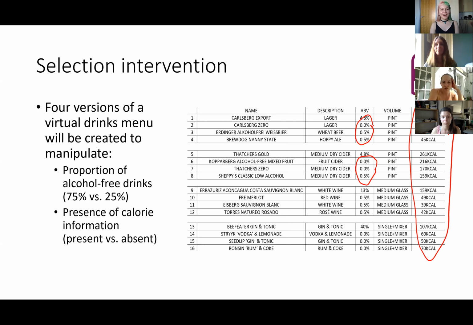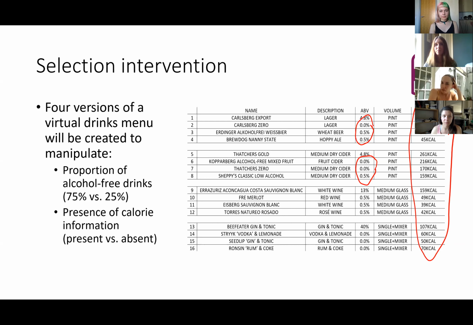That's what I meant. Because it's relatively noticeable, for example, in the high alcohol-free condition that there are a lot of alcohol-free drinks there. If you really want to make it salient, make sure it says alcohol-free in the name.